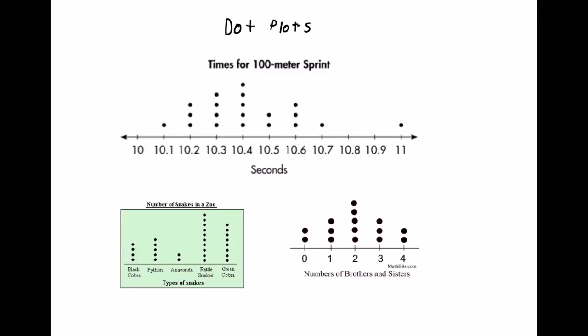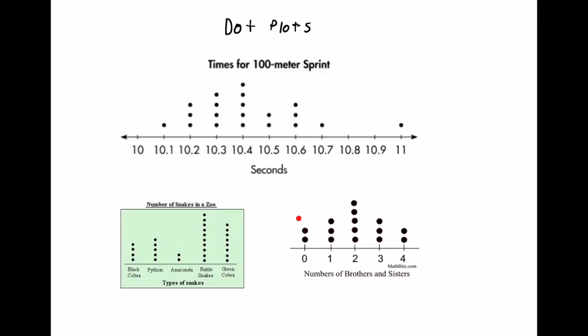There is another type of dot plot where it's not dealing with numbers at all. This is more qualitative than quantitative, which means it's more about taking just items instead of numbers. Quantitative is quantity, it's amount. Qualitative is more quality, what you're dealing with.